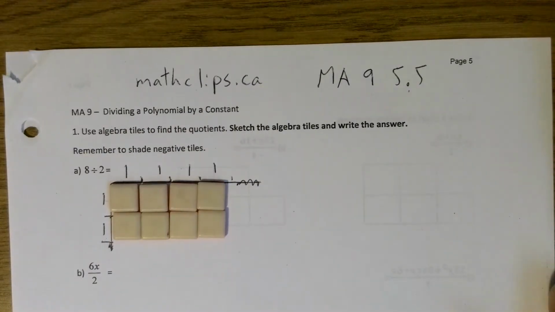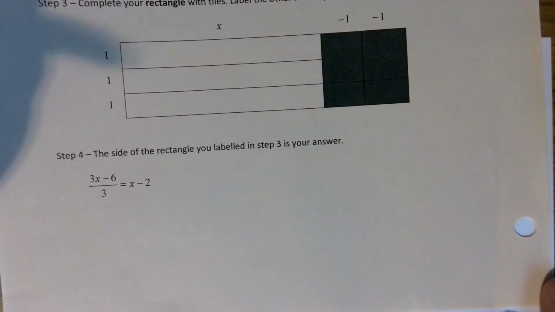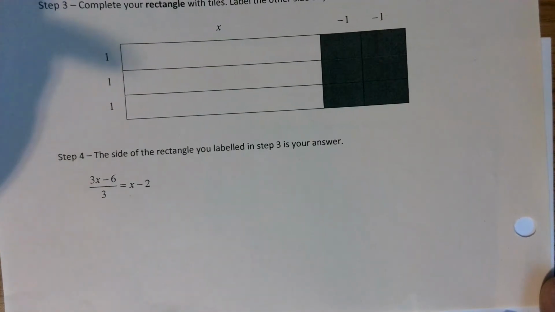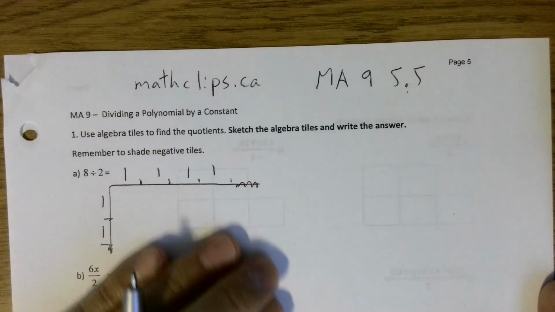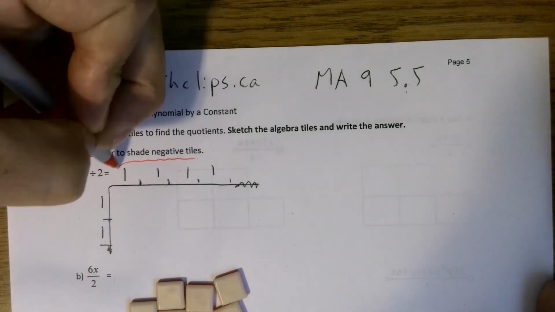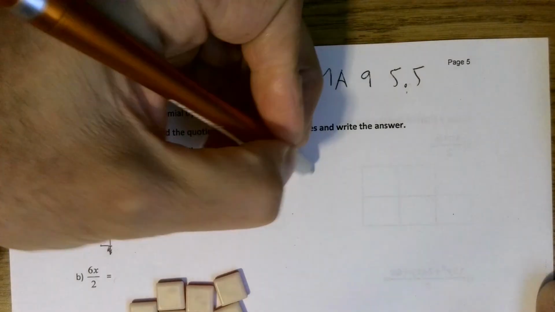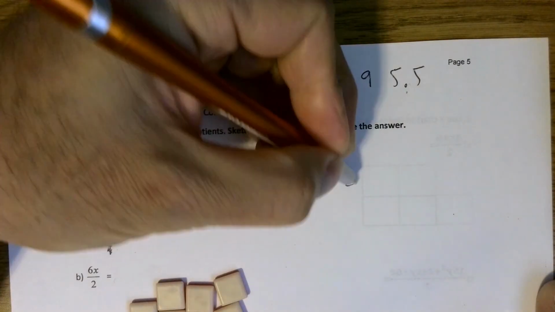Okay, and now it says step 4, the side of the rectangle you labeled in step 3 is your answer. So here we go. That's the side of the rectangle I labeled in step 3. So we find out that 8 divided by 2 equals 4.